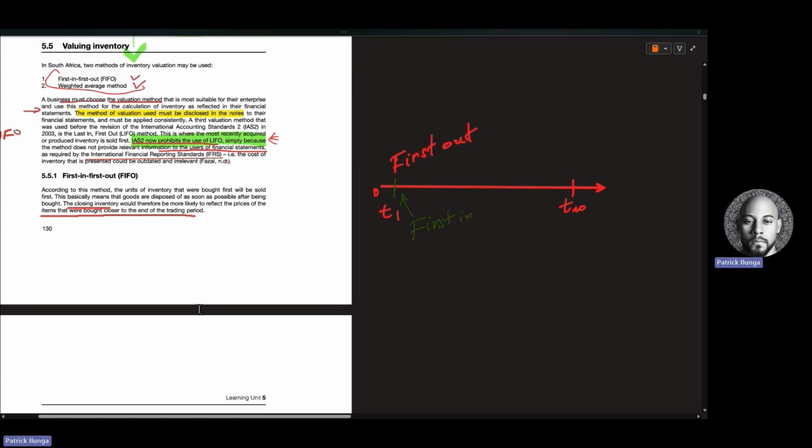So whatever inventory is bought first will also be the first to be sold, or within manufacturing, will be the first to be used.